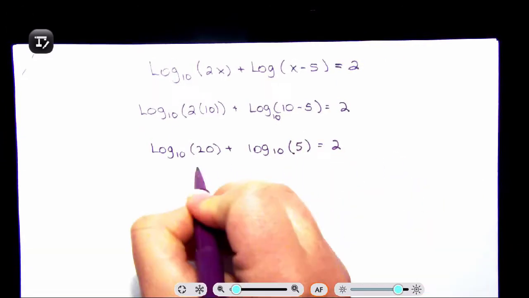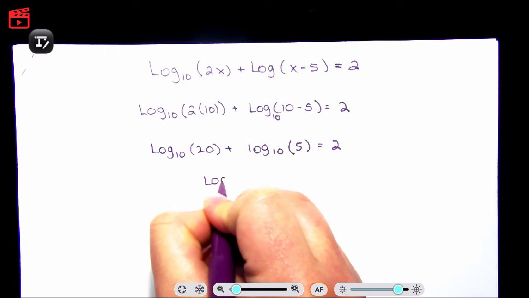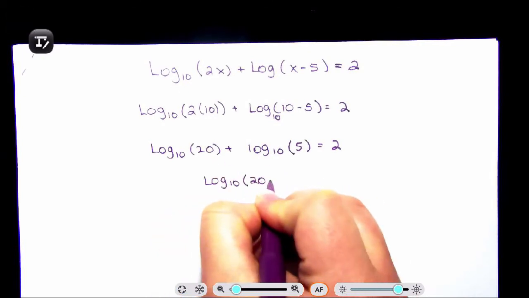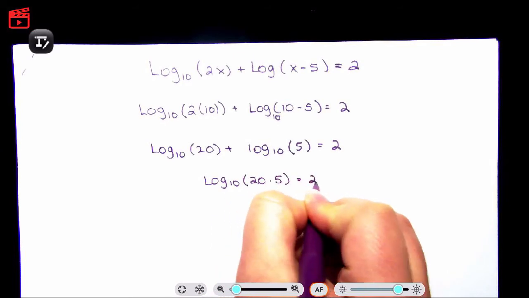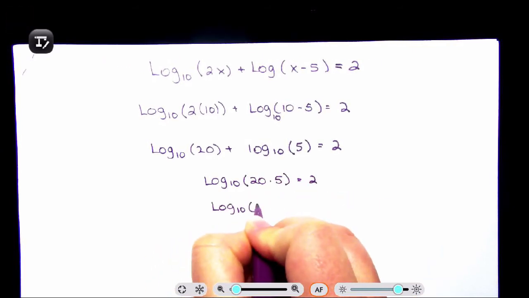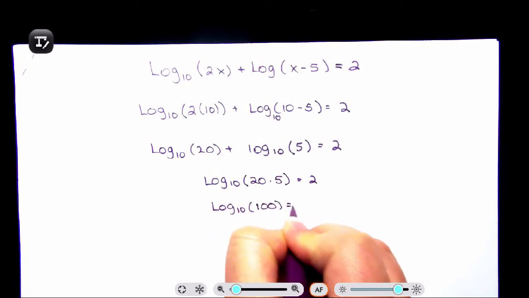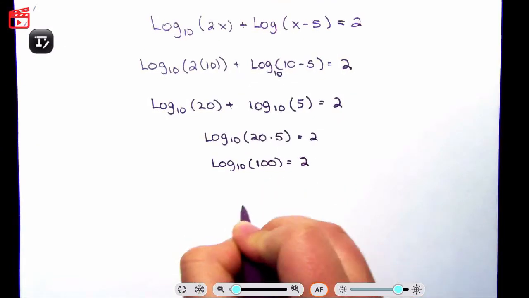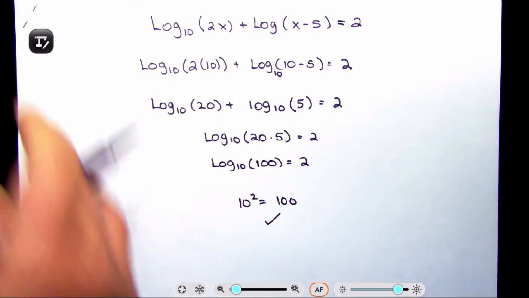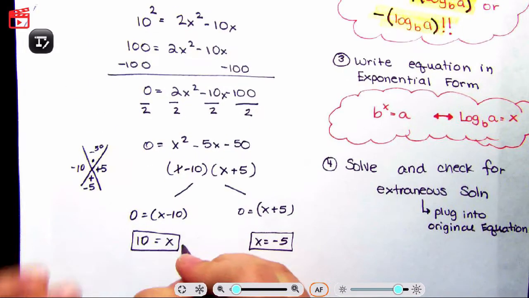Using the product property, just double check your answers, making sure it works. 20 times 5, that's 100. Rewrite that using the golden rule. So I have 10 squared is equal to 100. Is that the case? Yes. Therefore, going back to our original, 10 is one of our solutions.